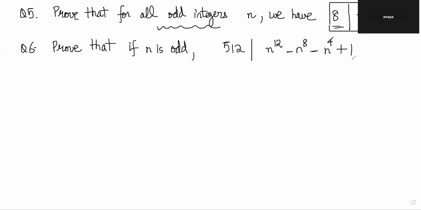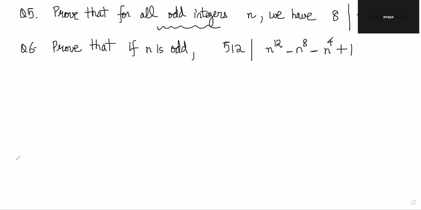That's the final step that proves that it is divisible by 8. You cannot start from there. You understand what I'm saying? Yes, I understand. So, since n is an odd number, you could say that n is some k plus 1.